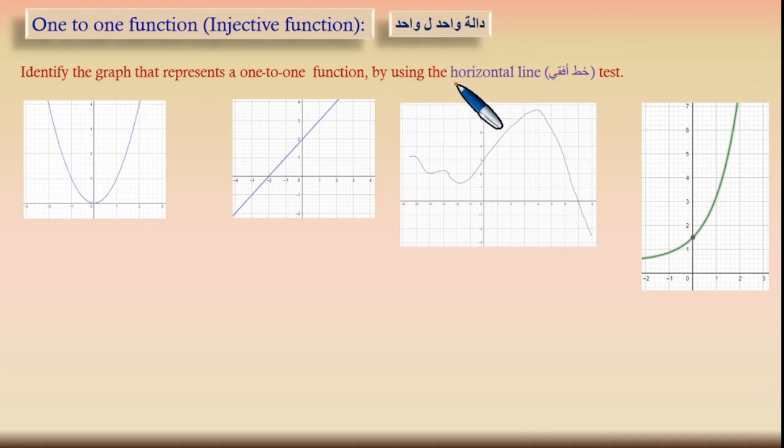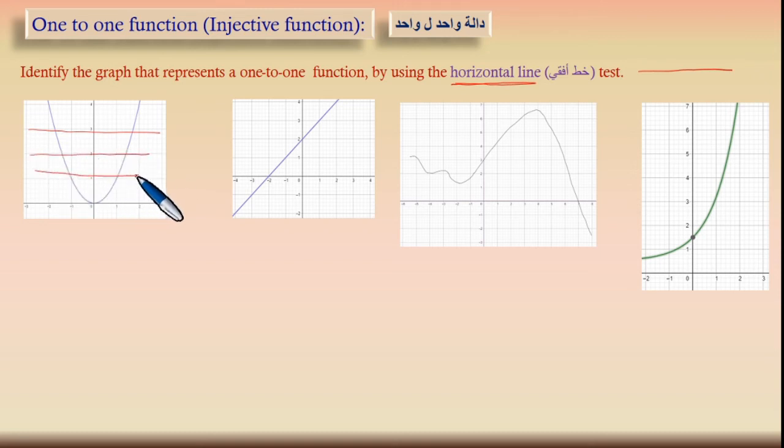Right? So another thing in the graphical representation is to identify a one-to-one function by using the horizontal line test. So what is the horizontal line? This line is called the horizontal line. By using the horizontal line, we will identify whether the given graph is a one-to-one or not one-to-one function. For this, just use the ruler or scale or your pen.